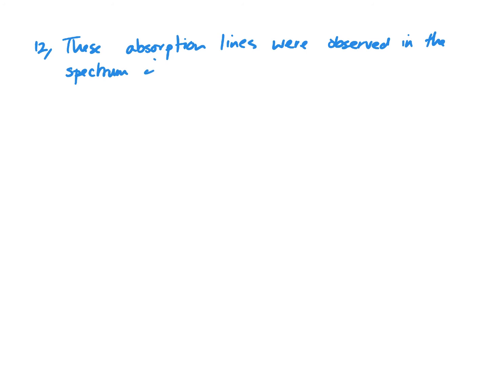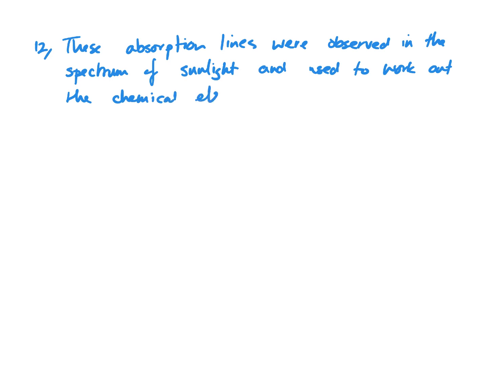And lastly, these absorption lines were observed in the spectrum of sunlight and used to work out the chemical elements present in the upper layers of the sun.